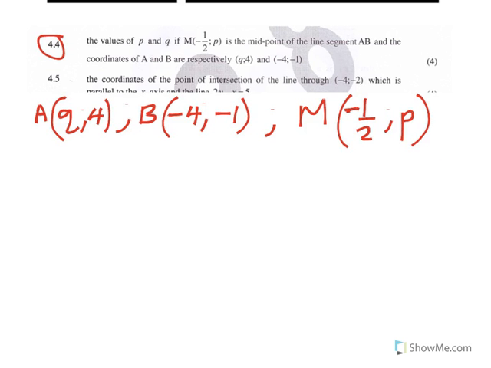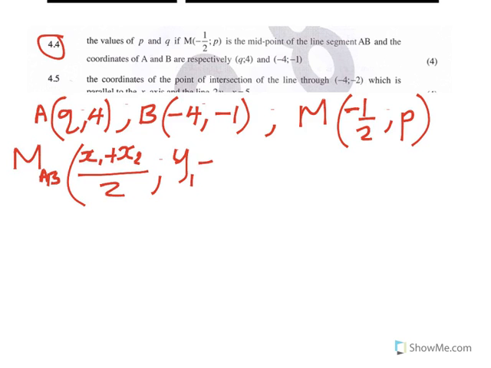So now I'm going to use the midpoint to say M of AB. In other words, I'm saying midpoint of AB is going to be ((x1 plus x2) over 2, (y1 plus y2) over 2).